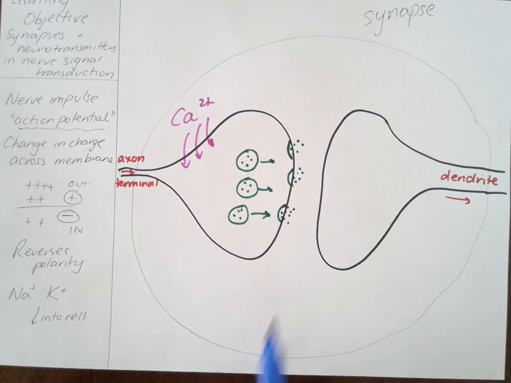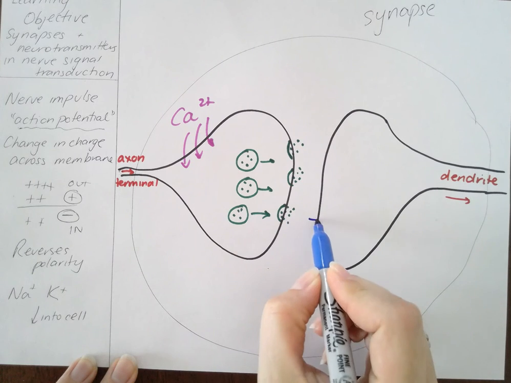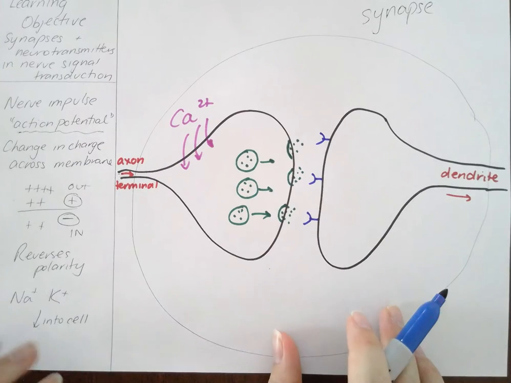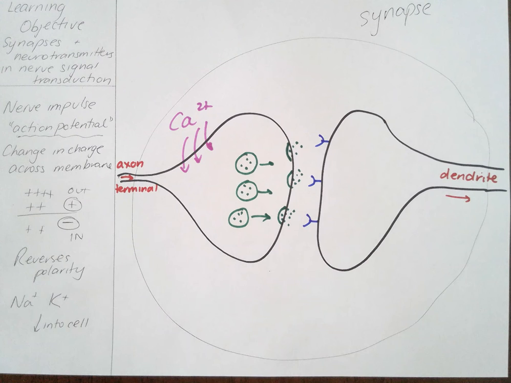That neurotransmitter molecule is going to cross the gap and reach some receptors on the other neuron, on the other side of the gap.